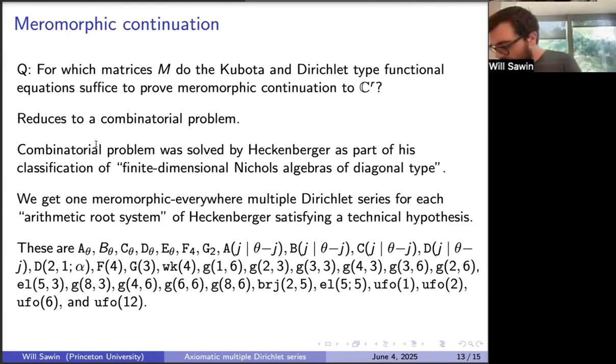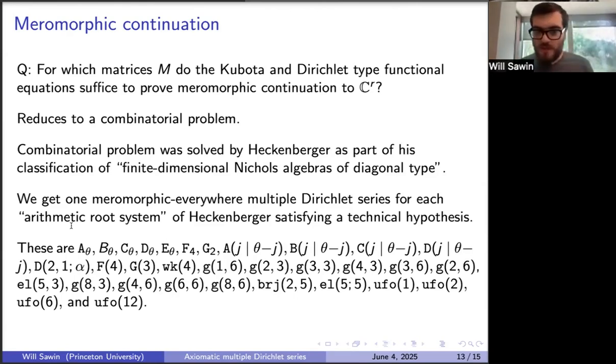And so, with regard to Zaev's questions about when you can't prove meromorphic continuation, is it because it's false or because you just don't have the proof yet? When the technical hypothesis is not satisfied, we believe that there should exist a more general functional equation that does give meromorphic continuation. We just haven't proven that functional equation yet.